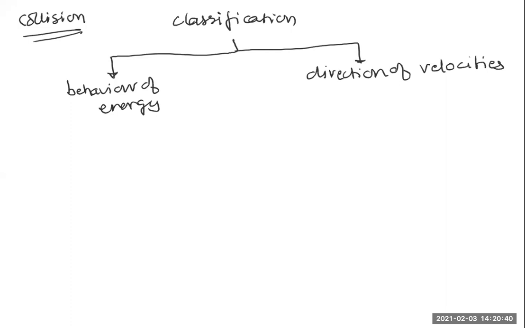So when two objects come into contact during a collision, the normal forces between their surfaces are the forces that are going to be responsible for the change in velocities of the two objects. Okay. So the direction of normal reaction, I'll write it here.